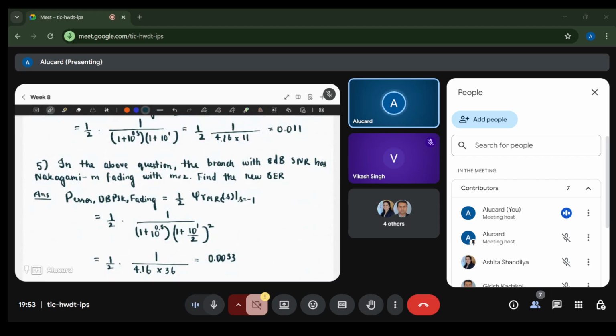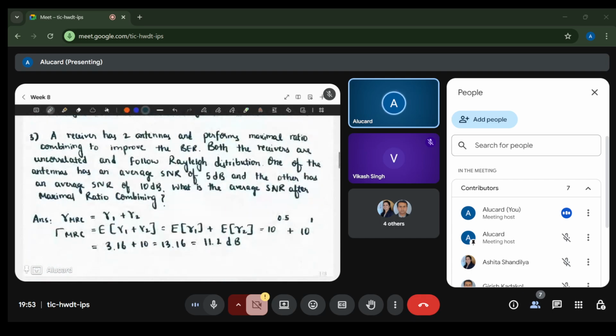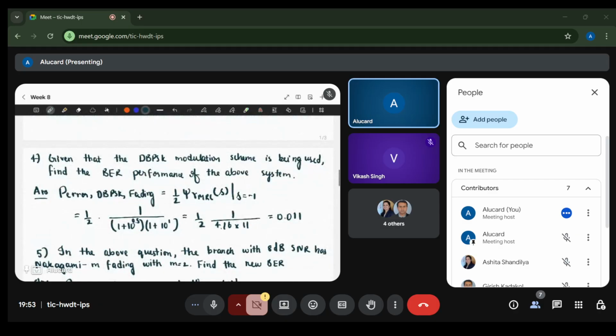We are writing DBPSK. If it didn't matter and it was the same for all modulation schemes, then we wouldn't really specify it's DBPSK here, right? You can make a guess, but to understand why BER depends on modulation scheme, you have to see the lecture.